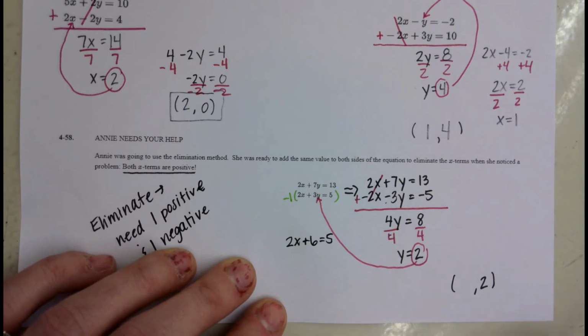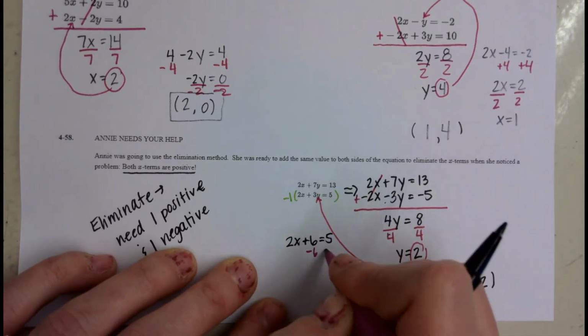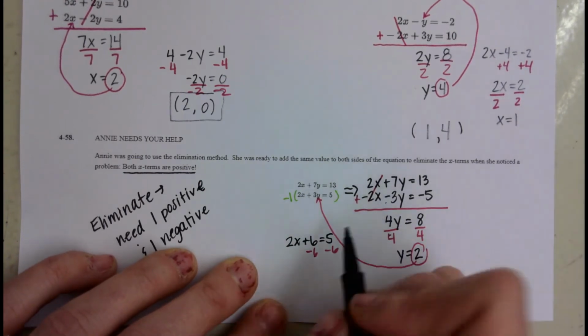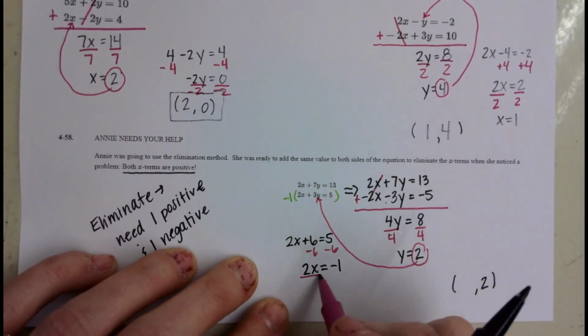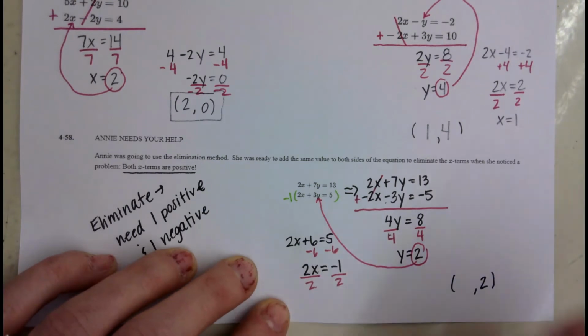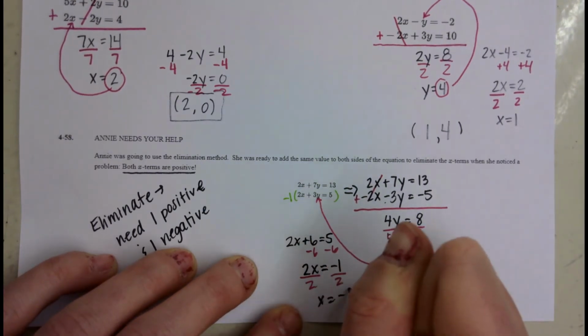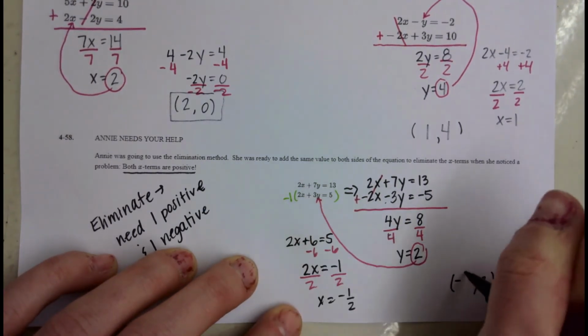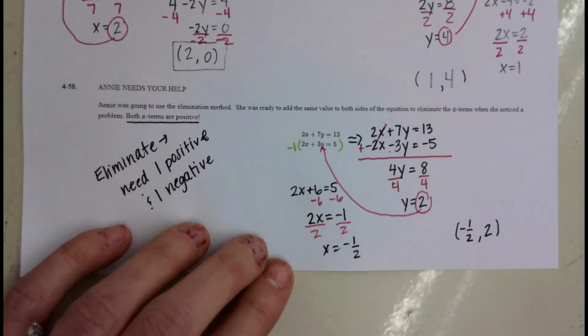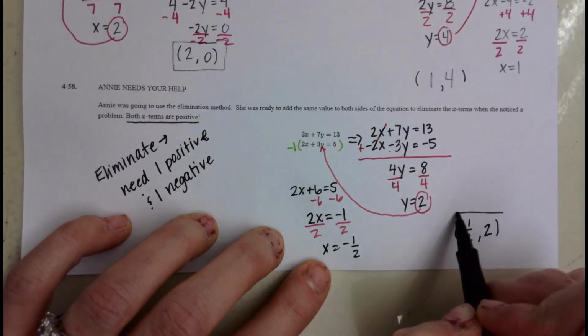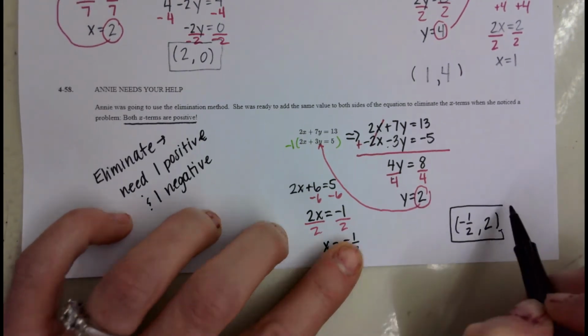Okay, I can subtract 6 from both sides. So I get 2x equals -1. And then I can divide by 2. And I get x equals -1/2. So -1/2 is my x value. And there is the point where the two lines intersect.